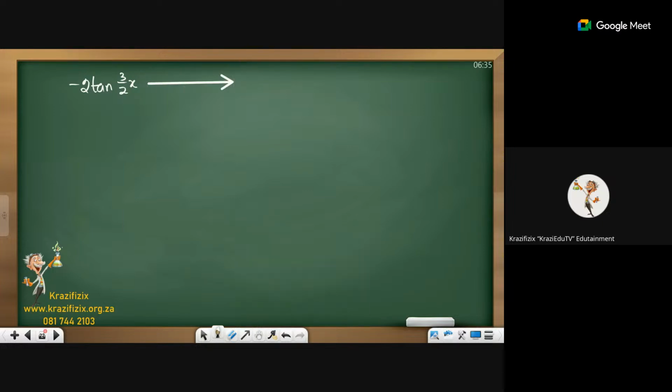Please take note. To x plus 60. Now, do you notice that they put this in a bracket? Once this is put in a bracket, I then need to do a shift.